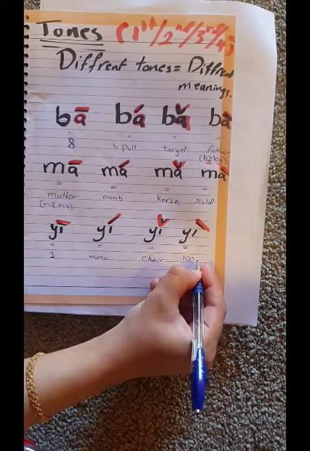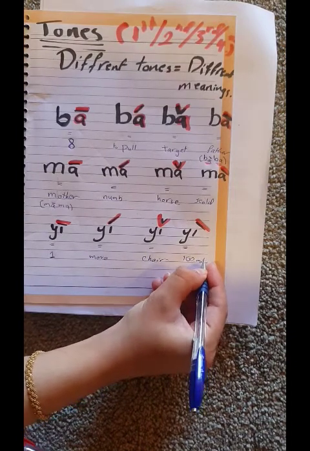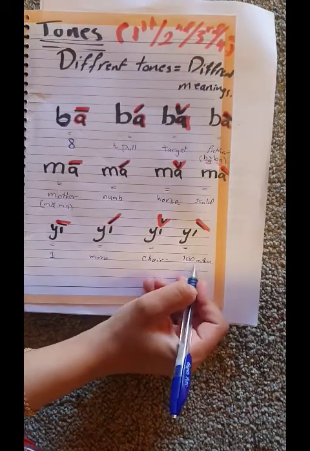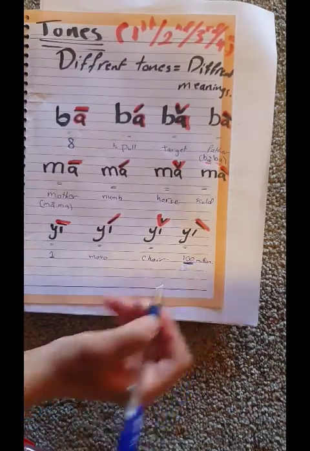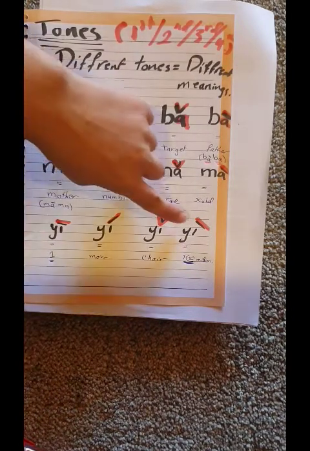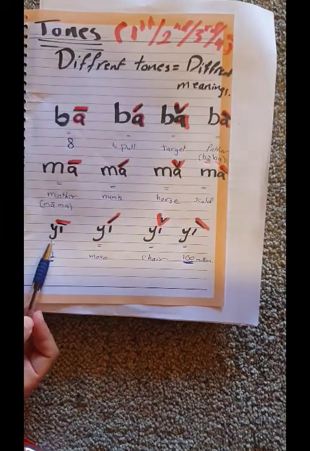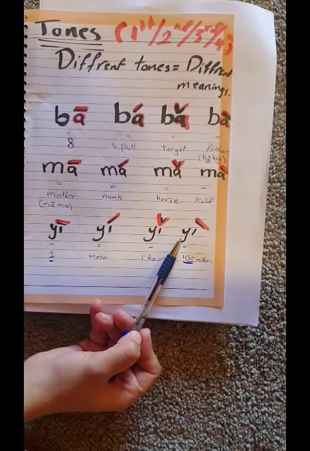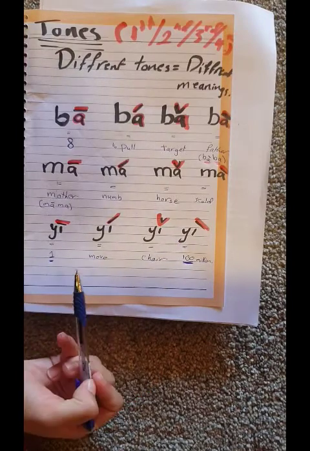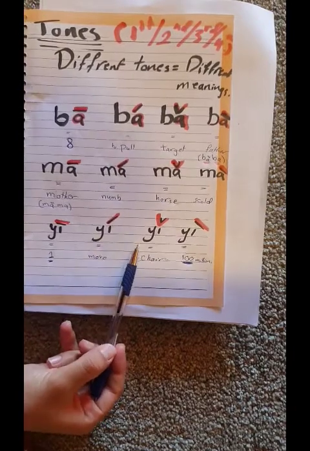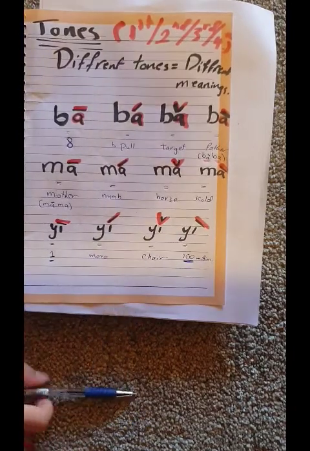And the yi here, which means 100 million. Okay, so 100 million, and here 100. So be careful to not call yi as yi. Yi means 1. Yi means 100 million. Yi means to move something, and yi means chair.